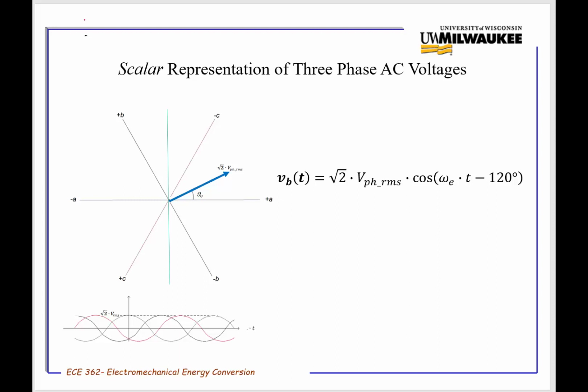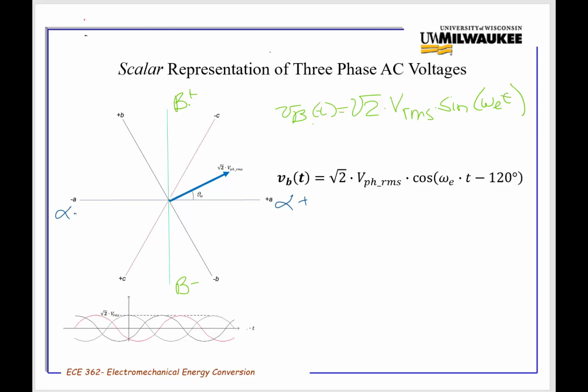Now recall when we were introducing scalar periodic functions for the first time, this alpha axis, which we're now calling an a-axis, and we introduced a beta axis, and we had a voltage that we called V beta of t equals square root of 2 VRMS sine of omega e t.